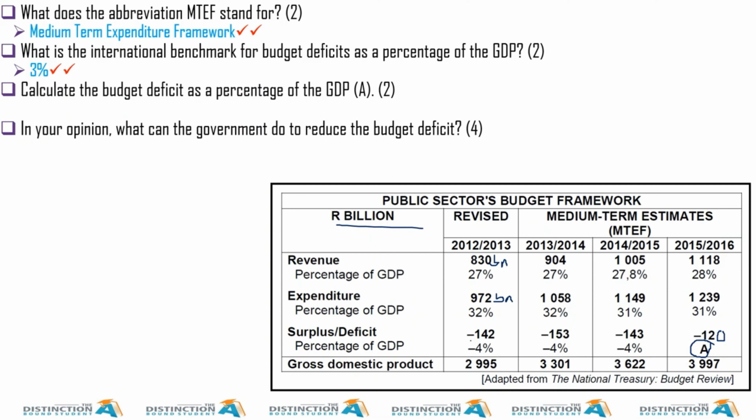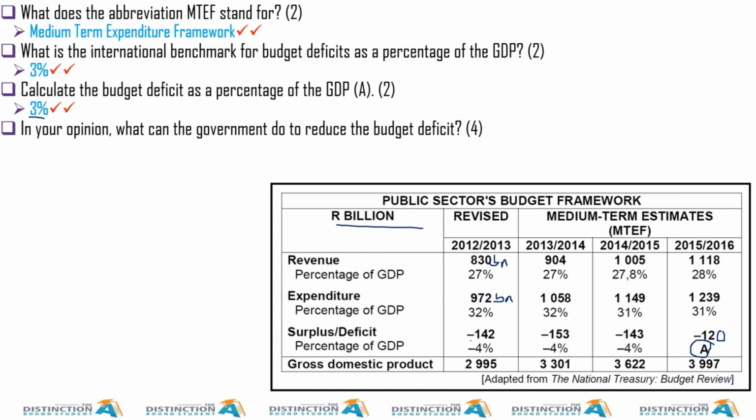So you have to use negative 120, then times 100. I think if you do that, you will get 3%. I was supposed to calculate this before just to see, but use negative 120. I'm sure you get 3.0 something percent.